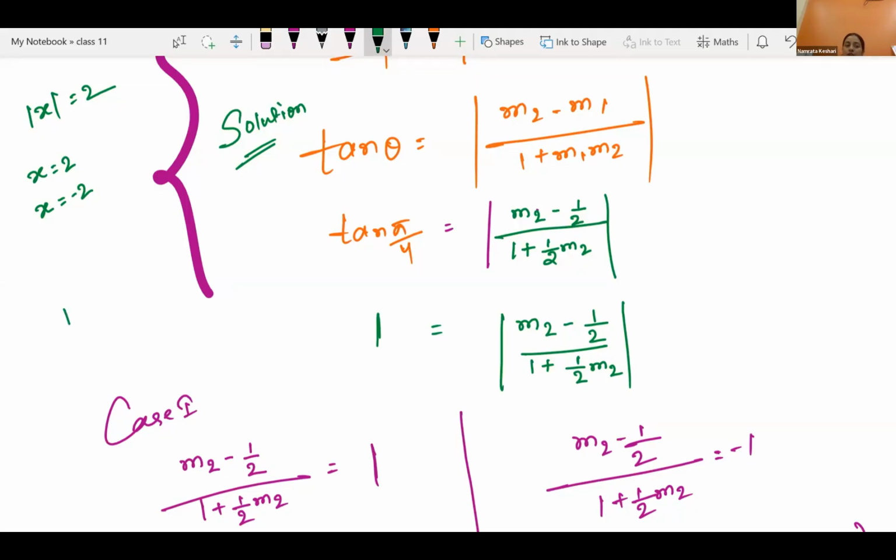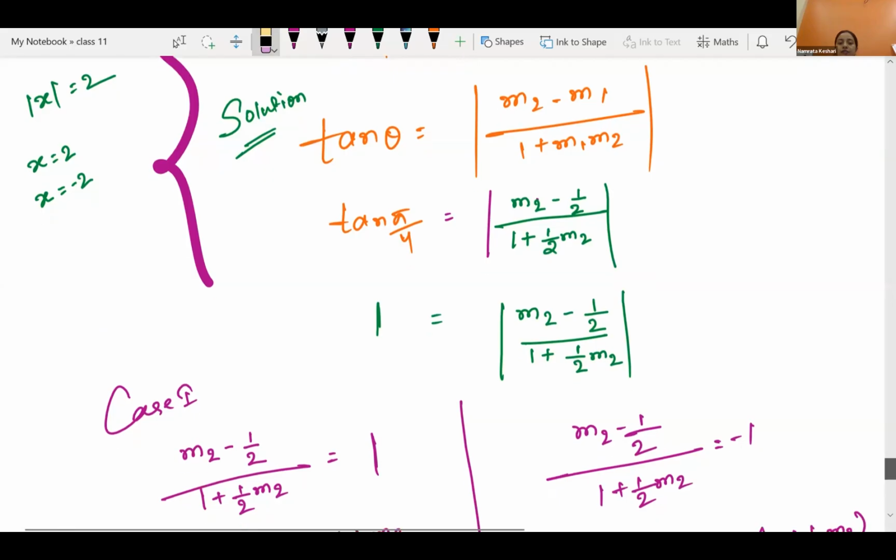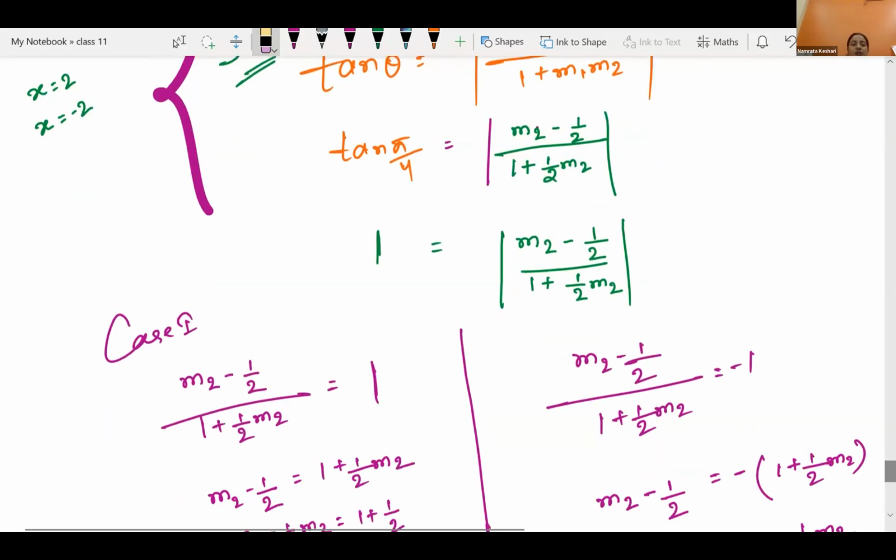With that understanding, when we are removing the modulus sign, we are taking the answer as 1 in one case and minus 1 in another case.